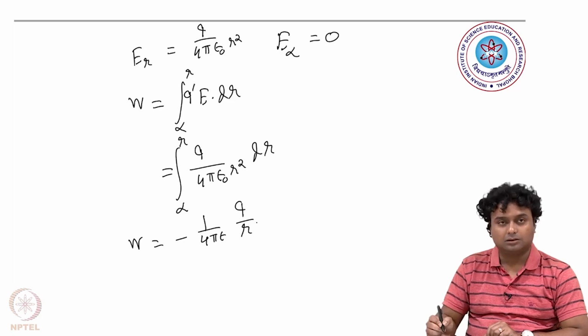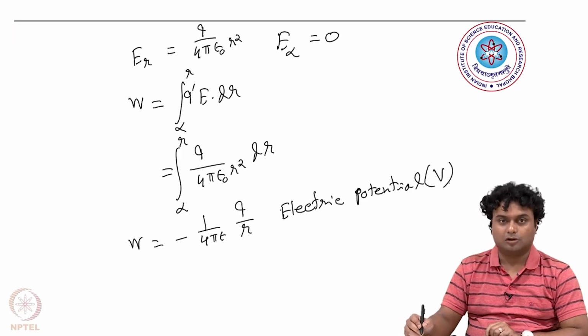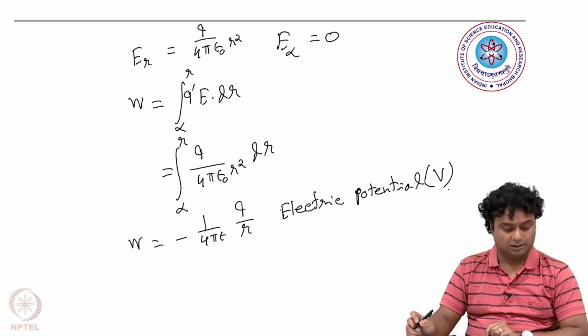This is called the electric potential due to the charge Q at a distance r. We will call it V, the electric potential.